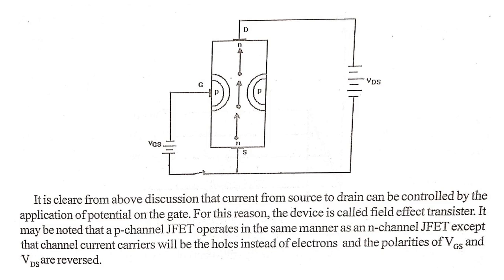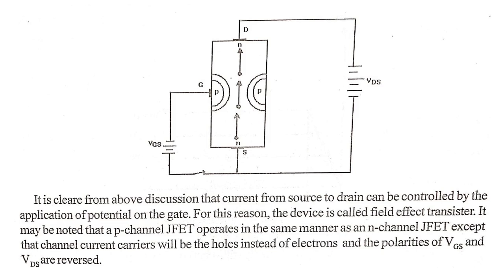So this voltage VDS should be positive. That means the drain terminal should be more positive than the source terminal. So once we apply this voltage, the electrons start flowing from the source terminal to the drain terminal.